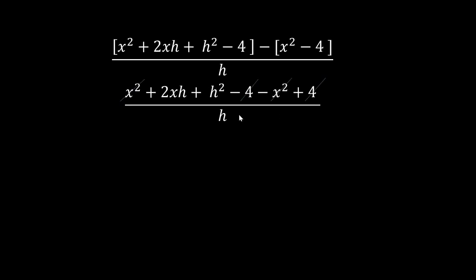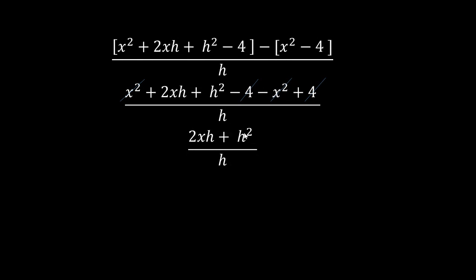And then just look. Hey, that has an h, and that has an h. And that's what we want. The only things that did not have an h are now canceled. So let's rewrite this. And let's not forget our goal. We want to remove this issue because in the end, we want to be able to set h equal to 0. So the only way we can do that is if we can take an h out of the top.